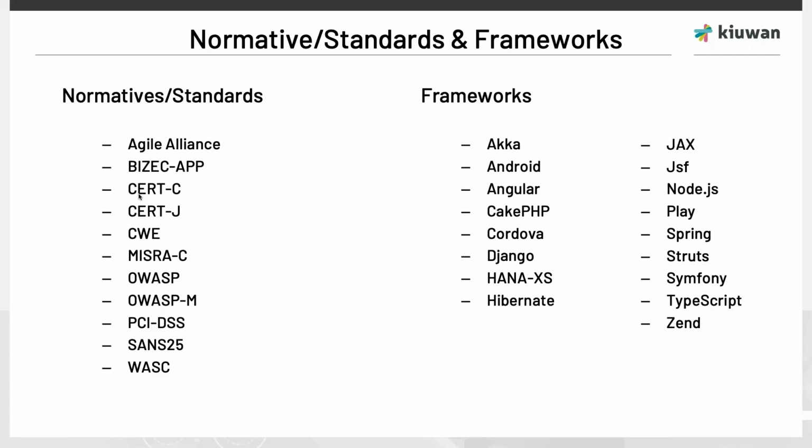When you perform a Q1 SAST scan, we're scanning your code looking for defects and vulnerabilities as defined by normative standards such as these. So we have codified some 12 or 13 plus normative standards, and we do those scans with respect to over 33 languages, but specifically with respect to these some 25 plus frameworks.